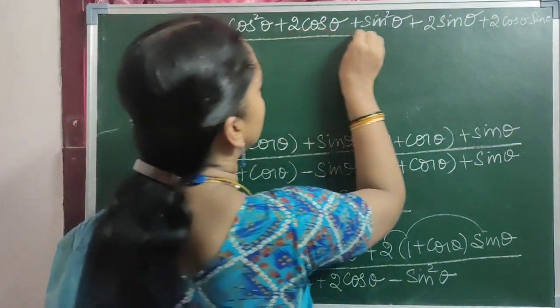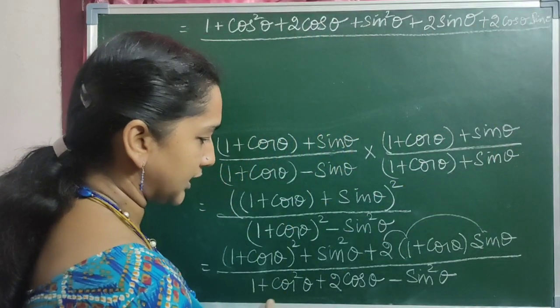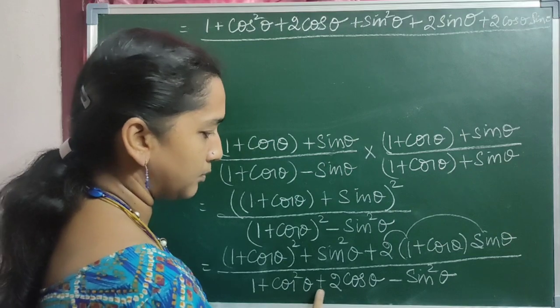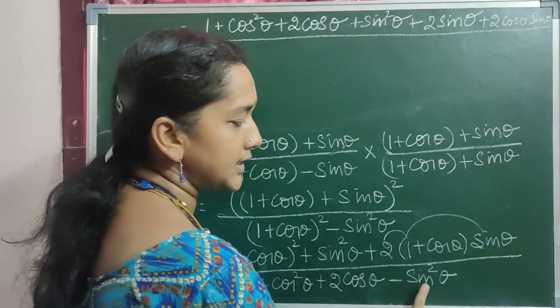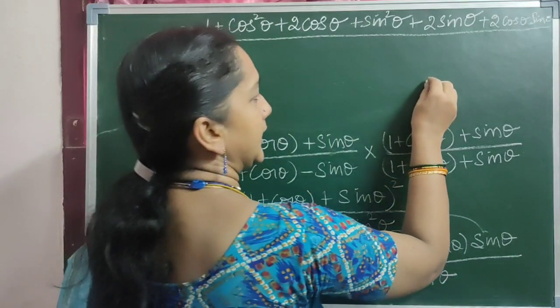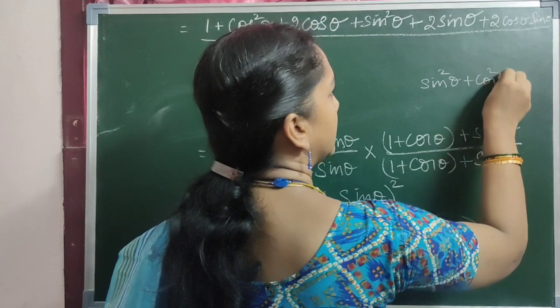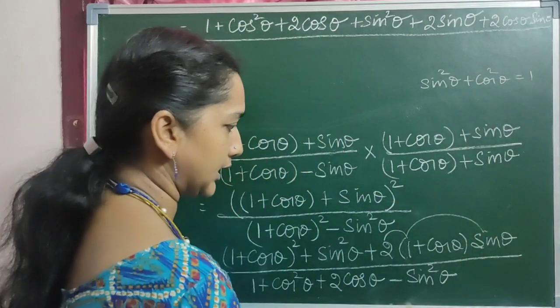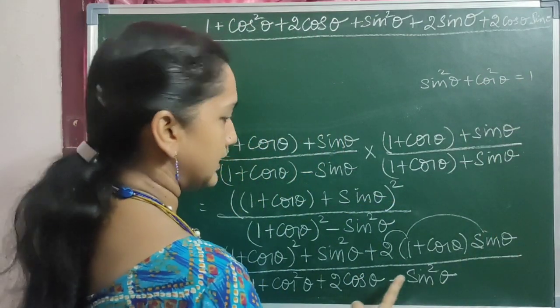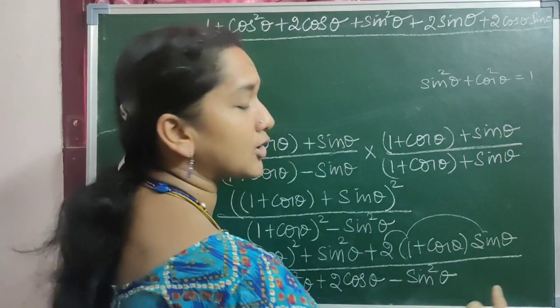Then the denominator. In the denominator, 1 plus cos square theta plus 2 cos theta minus sin square theta is there. Again, we know the identity: sin square theta plus cos square theta is equal to 1. So here, I am replacing this sin square theta as 1 minus cos square theta.